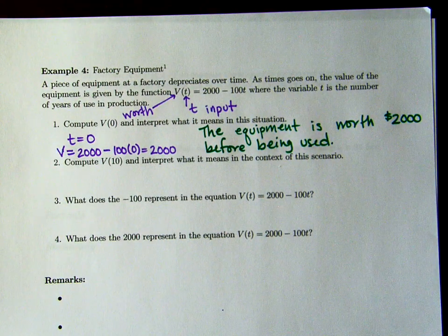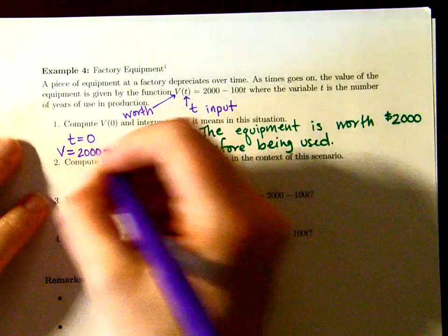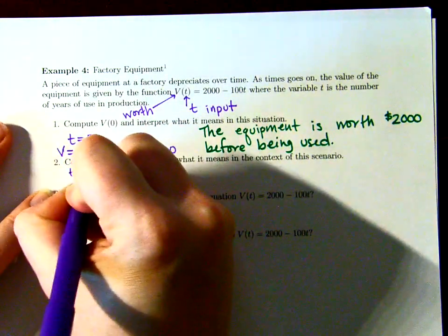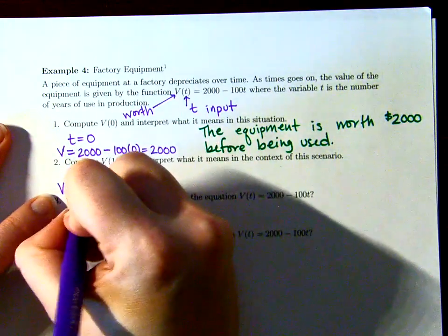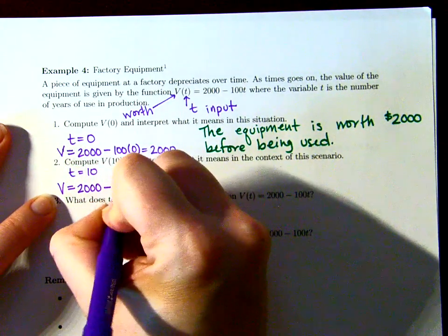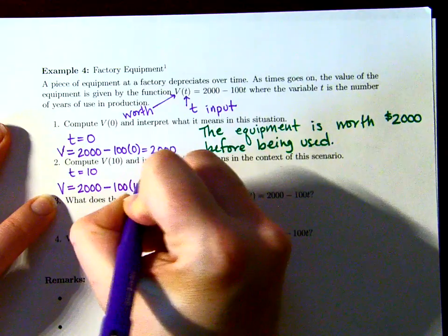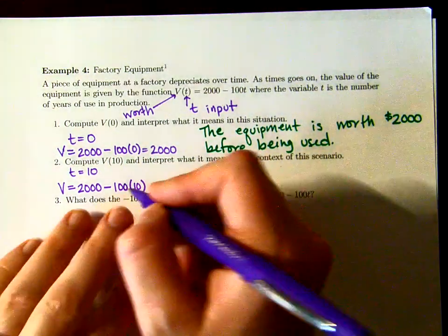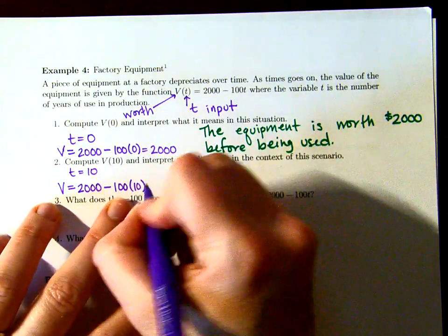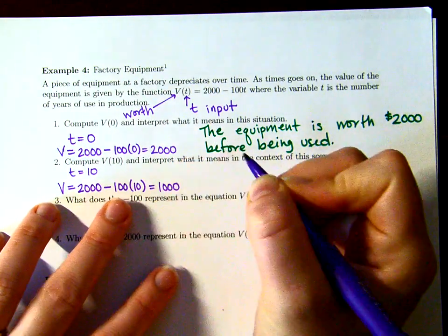Compute V of 10. So here t equals 10. And then V would be 2,000 minus 100 times 10. 10 100s is 1,000. So 2,000 take away 1,000. 1,000?